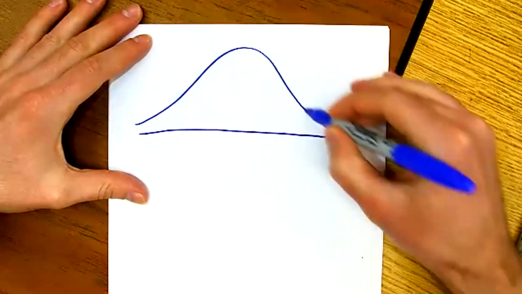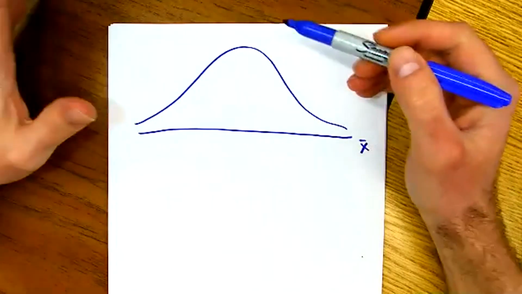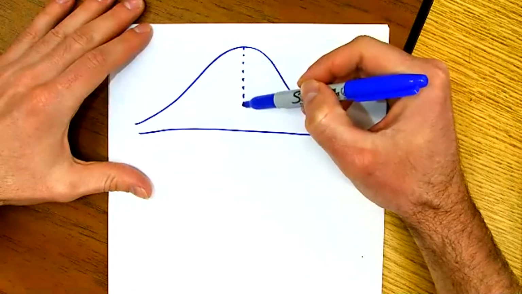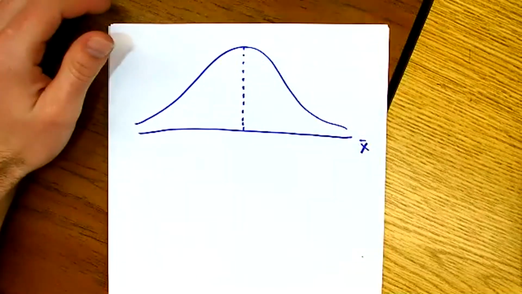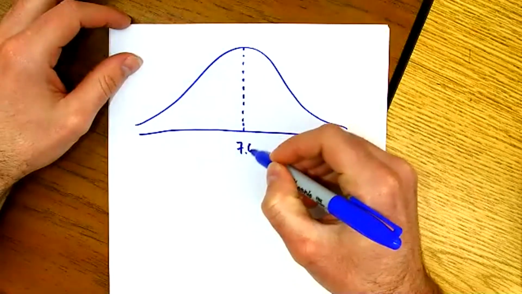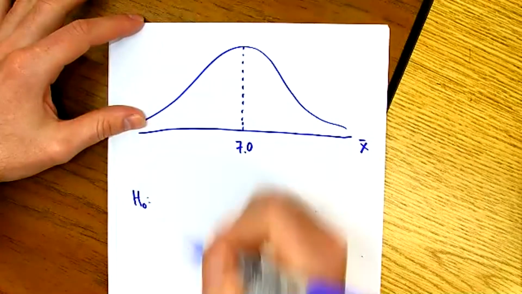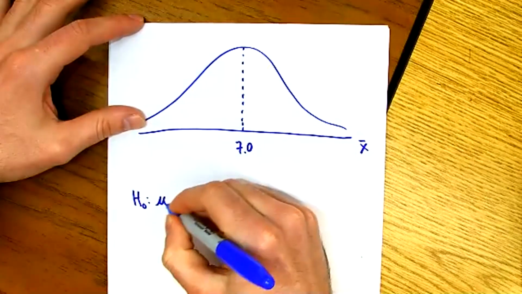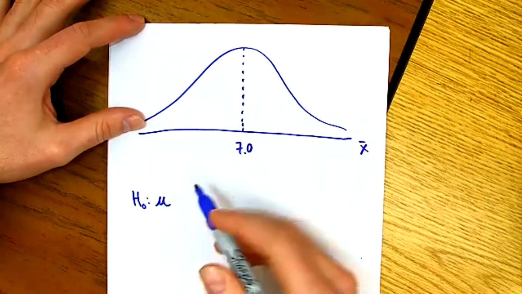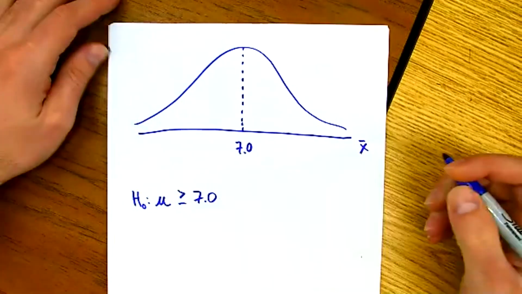So let's start out with that assumption where we're thinking about, if I'm looking at the distribution of my sample means, and I've assumed that the true population mean is 7% or greater. Okay? So let's just assume for a second that I had a null hypothesis that the true mean is greater than or equal to 7%.